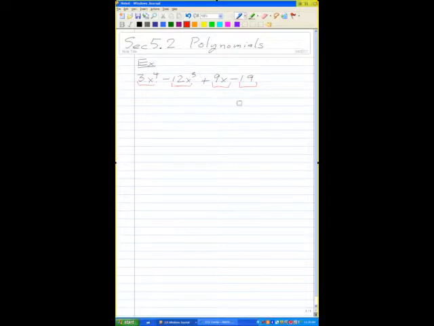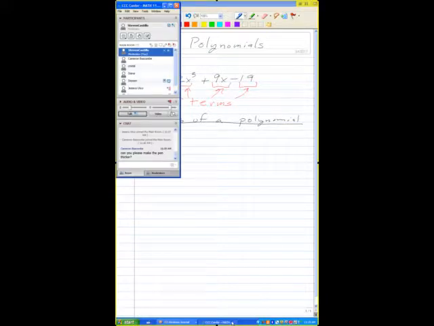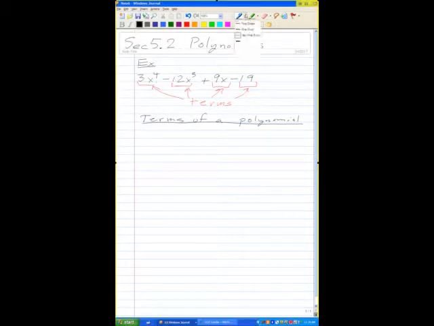Hmm. Each term, let me just check. Okay, let me make that a little thicker. Okay, so each term, actually I can, let's do this.